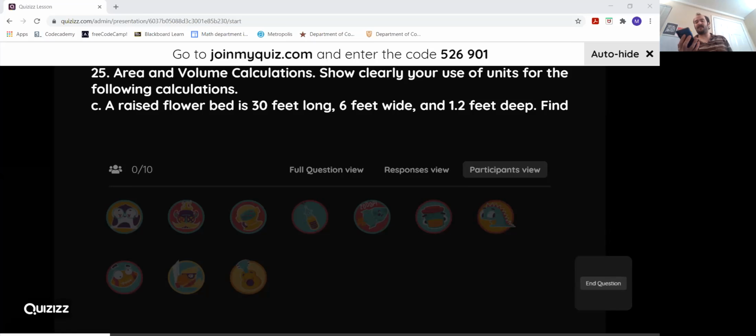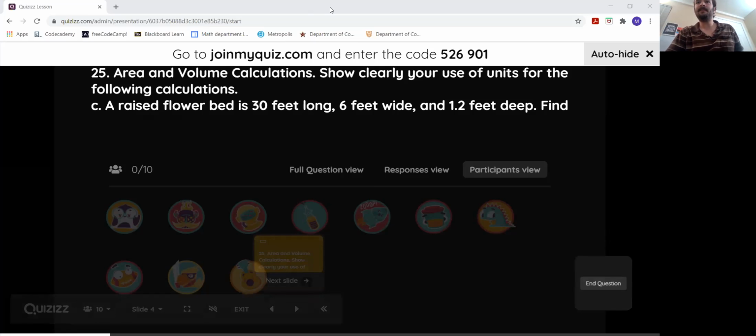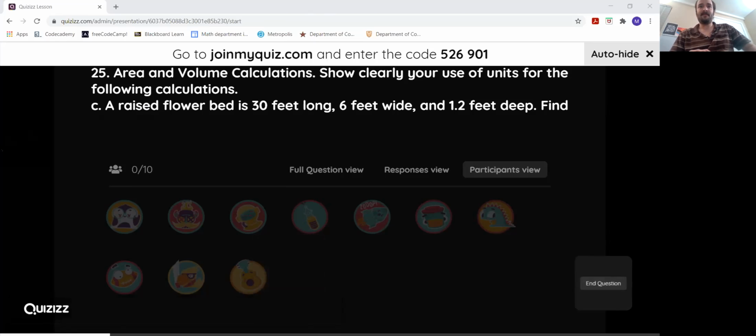So 30 feet long by 6 feet wide by 1.2 feet deep. What is the area? What they're talking about is an aerial view, looking down on it. So how do we find area? It is what times what? And the other thing here is it's going to be really particular about your units.